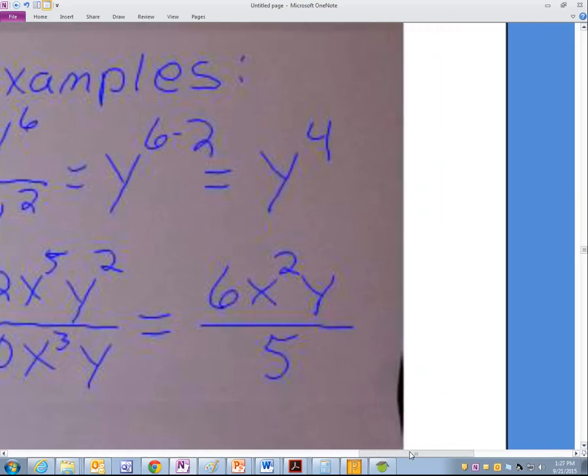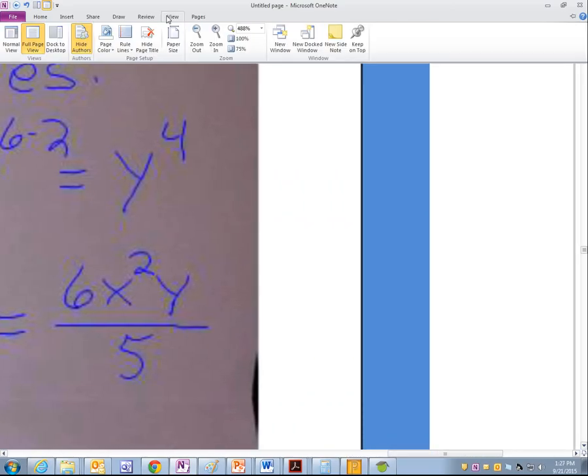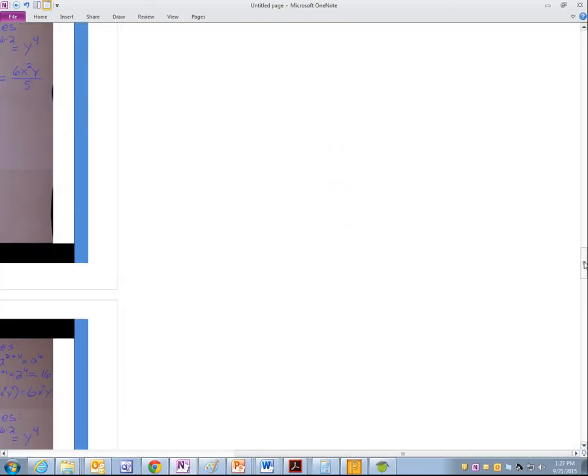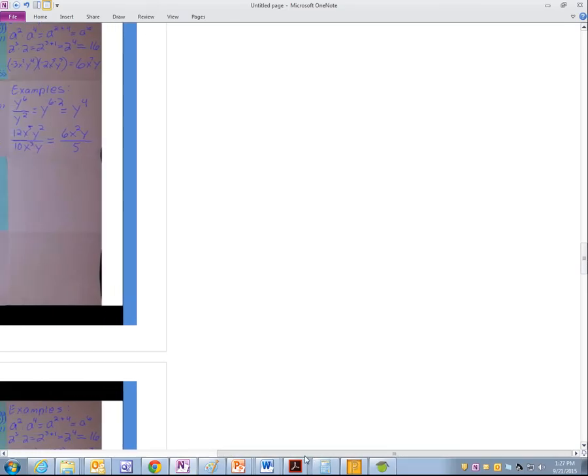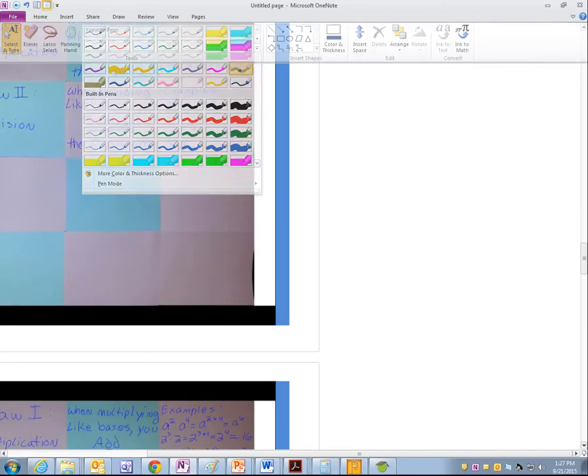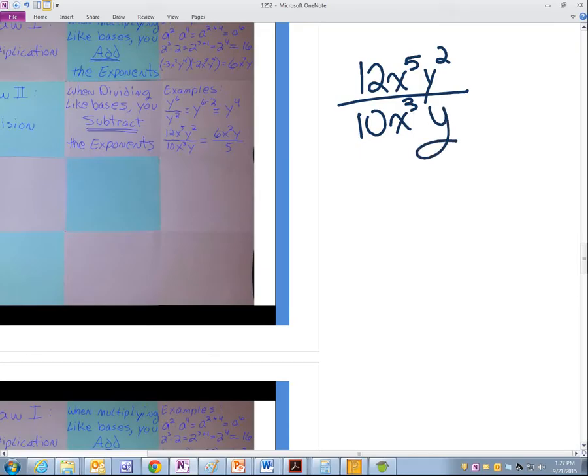Okay, so I'm going to show you how that works. So we have 12x to the 5th, y squared, over 10x to the 3rd, y.